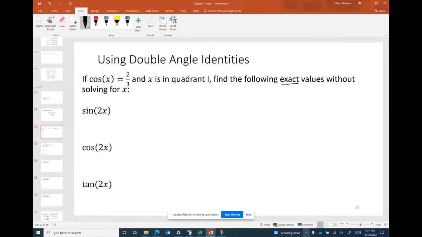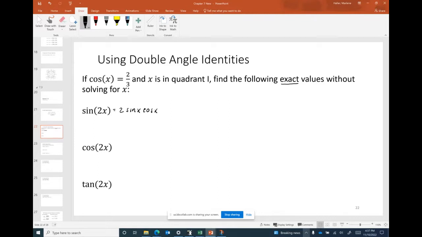We don't want a decimal approximation. So to find the sine of 2x, we'll use the double angle identity for the sine, which says that the sine of 2x can be rewritten as 2 times the sine of x times the cosine of x.